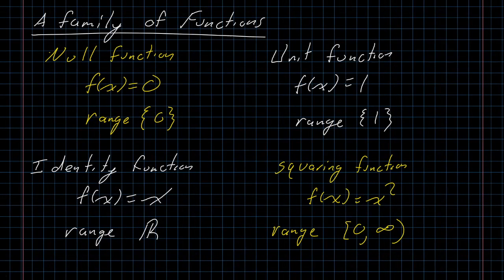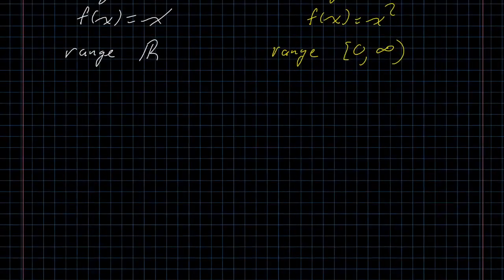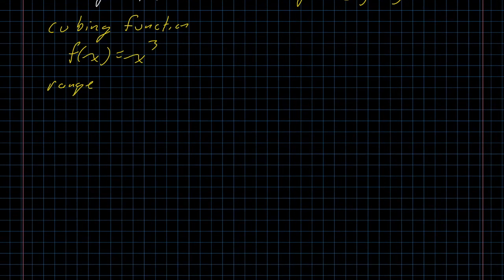What other kinds of functions might be interesting? I should mention the cubing function. The cubing function is interesting because it takes us back to having a range of all real numbers.